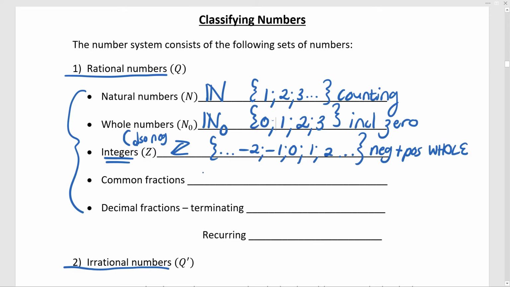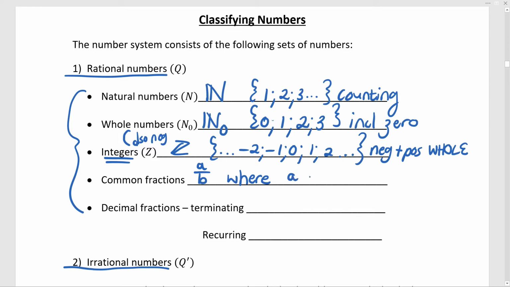And your common fractions will be anything where it is an a over b, where a and b are both integers. So I'm just rephrasing this in a new way that's going to be useful this year.